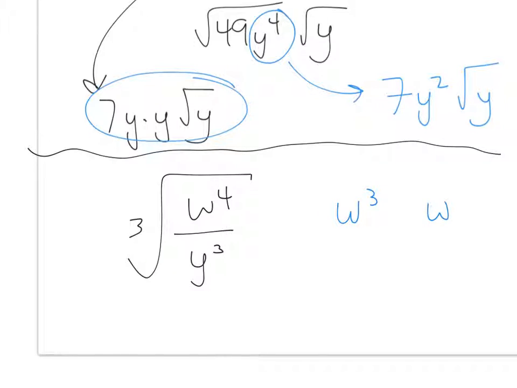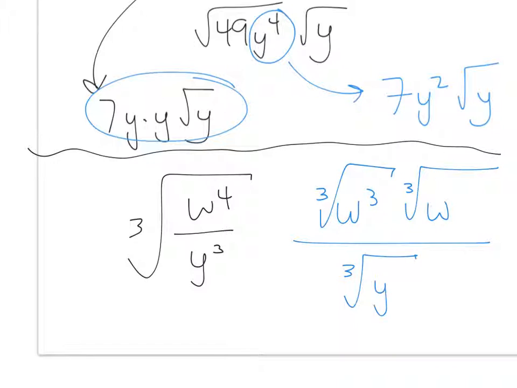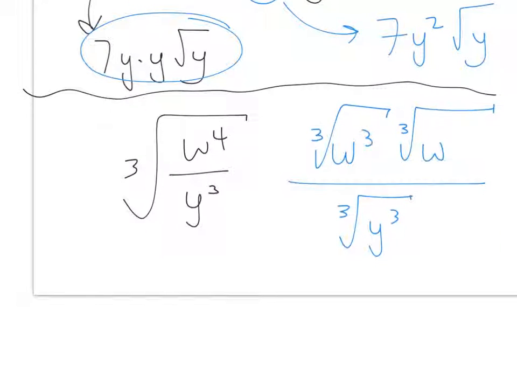And then the bottom is just the cube root of y to the 3rd. And then we can simplify those, so it would be like w times the cube root of w over y.